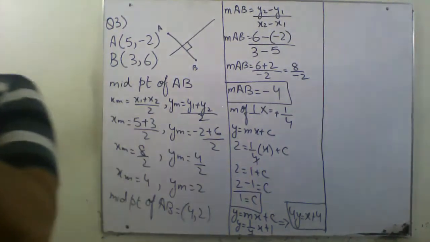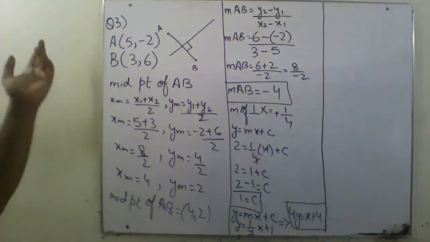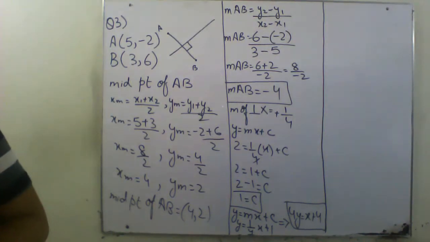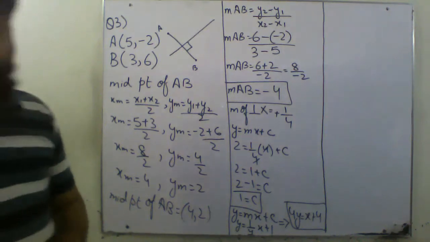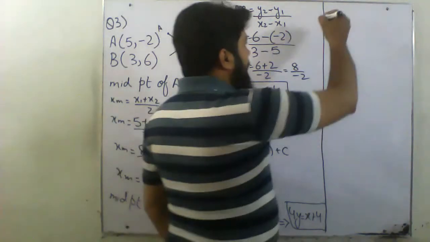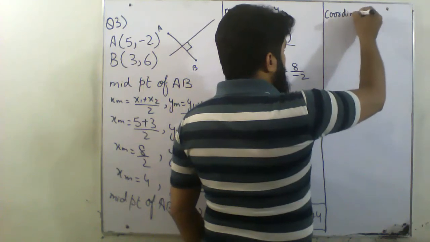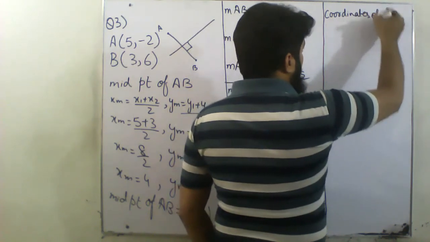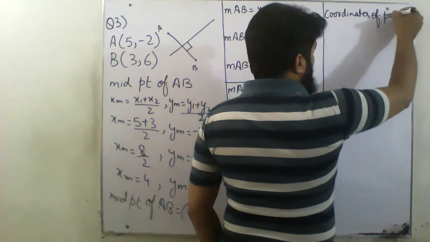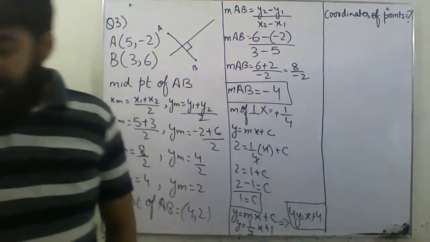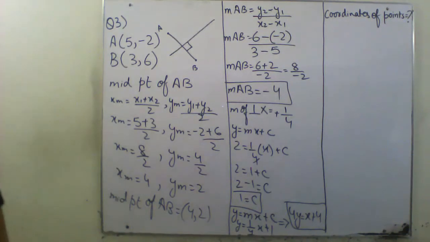Now going for the next part of question number 3, which we are doing. The next part is saying: find the coordinates of points which are lying on axes.